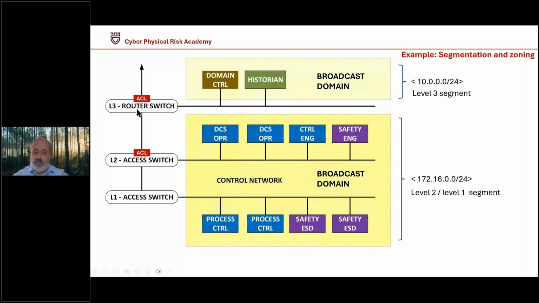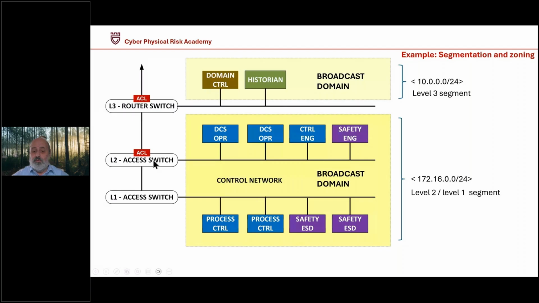But I can do that also on a layer lower. At the level 2 switch, I can have an ACL saying, okay, you are allowed to get in, and you may reach the operator station or the engineering station, but you cannot reach the controllers or the safety controllers. So I can do it at that level.